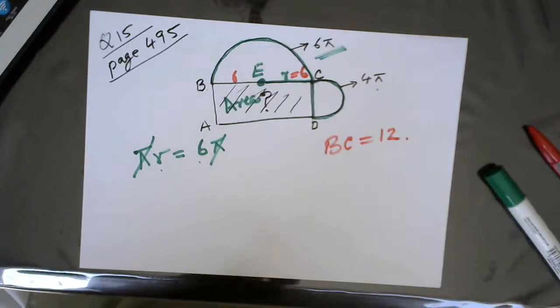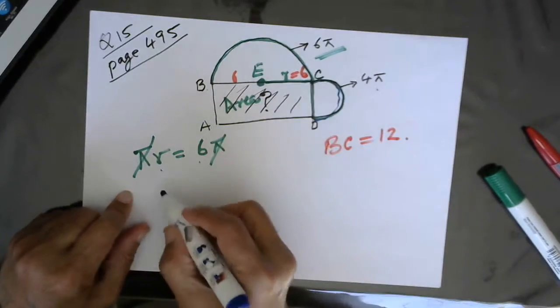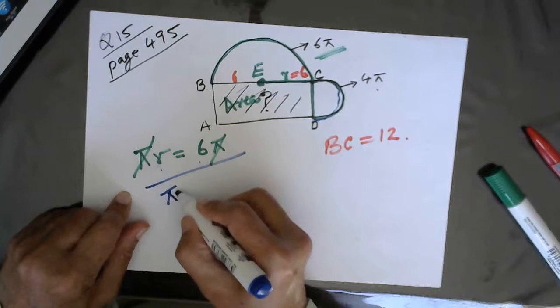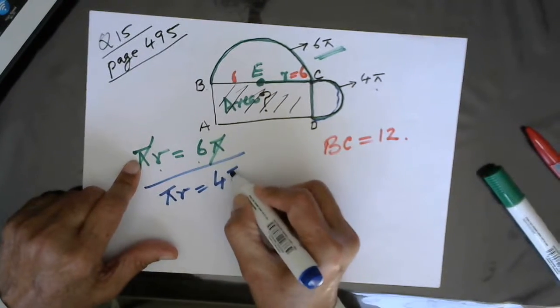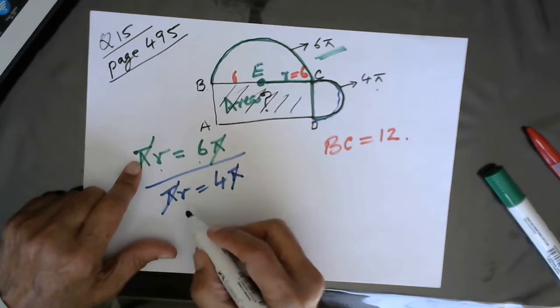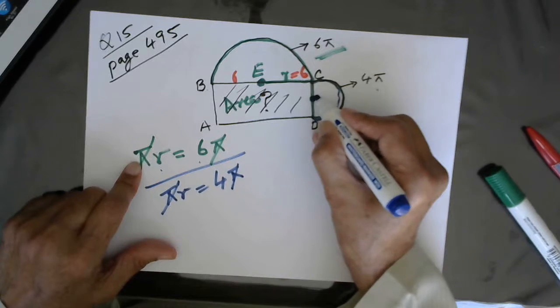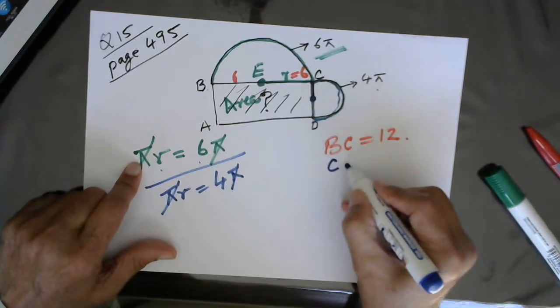Similarly, if you consider this arc, then you will have pi r, same reason, is equal to 4 pi. Well, I can cancel pi from both sides and I am left with r. By the way, this is the radius r, and this is equal to 4. So what about CD?